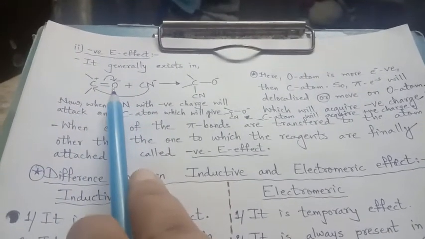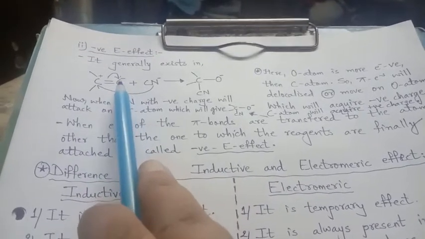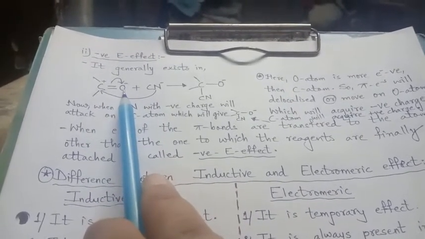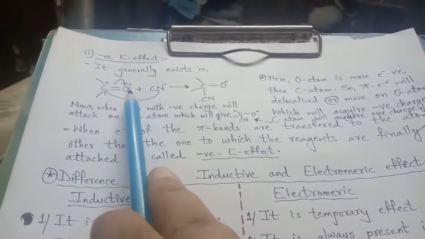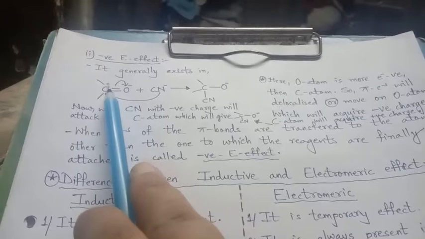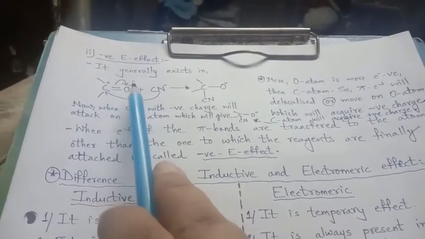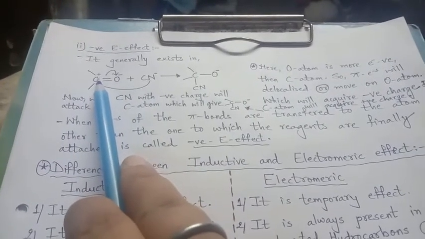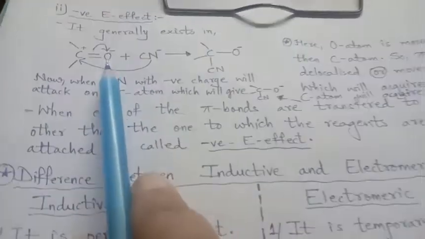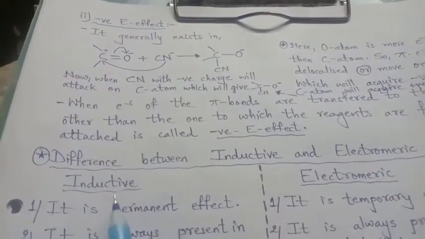When oxygen is more electronegative, it will drag the electrons onto itself and acquire a negative charge, and as the electrons are given from the carbon, the carbon will acquire a positive charge. So here I have written oxygen is having a negative charge and carbon is having a positive charge.